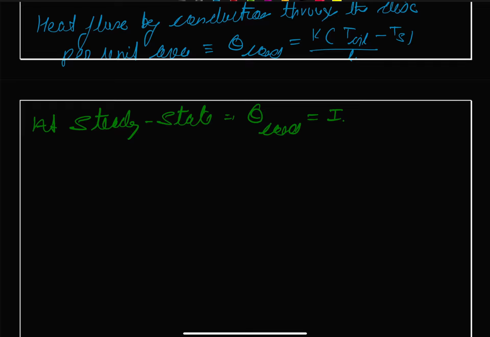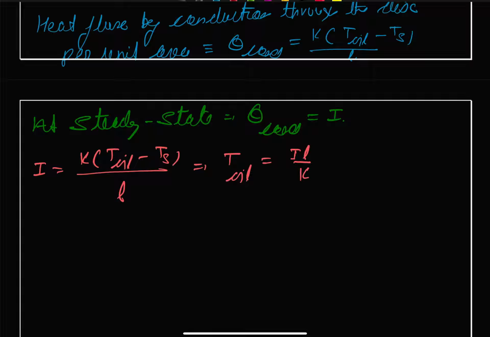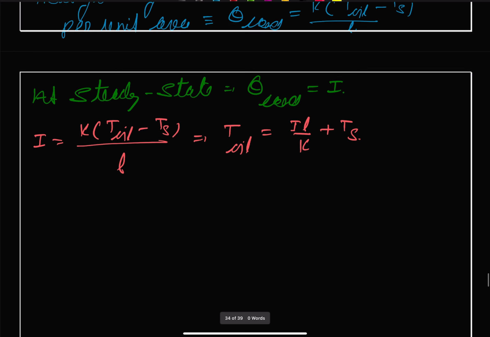We substitute it, and we get I equal to K times T oil minus T of S divided by L. So from here we can write T oil equal to IL upon K plus TS, and we already know all these values.